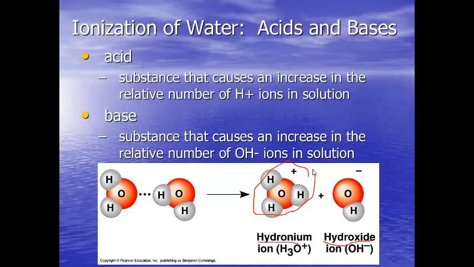A base is any substance that increases the proportion of hydroxide in solution. Bases can do that 2 different ways. Number one, they could donate hydroxide right to the solution, or they could also take in hydrogen ions. By taking in the hydrogen ions, again, you're doing the same thing. You're increasing the proportion of hydroxide in the solution.